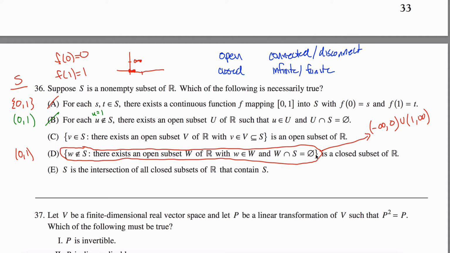I think that this set will be this guy if this right here is S, and this thing right here is not closed, it's open as a union of these two open sets. This right here is open, not closed.